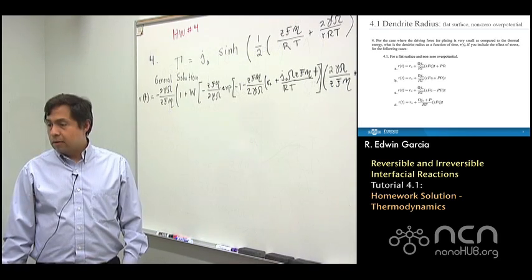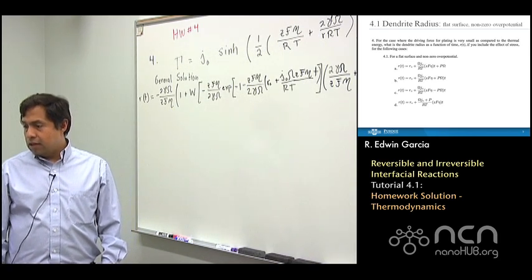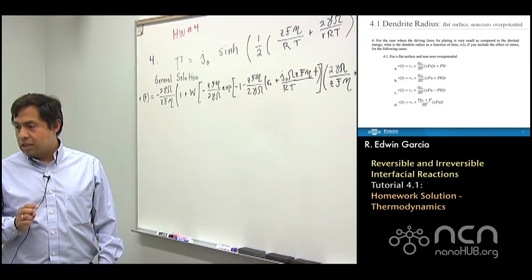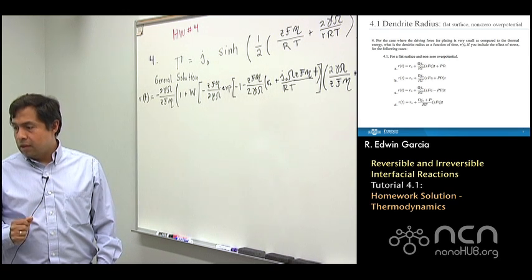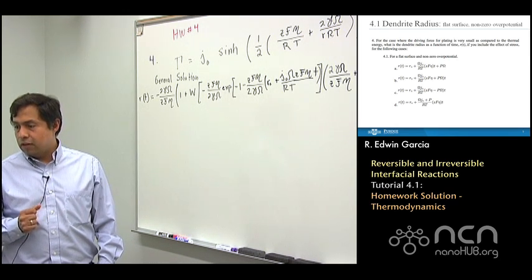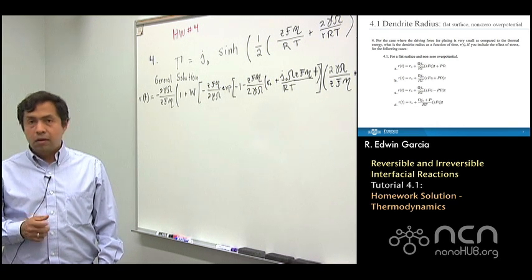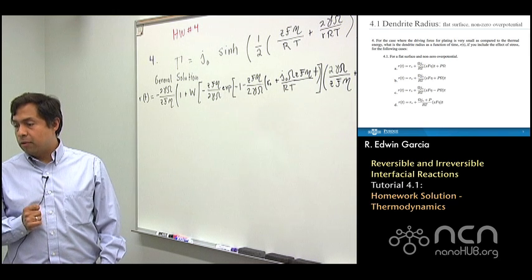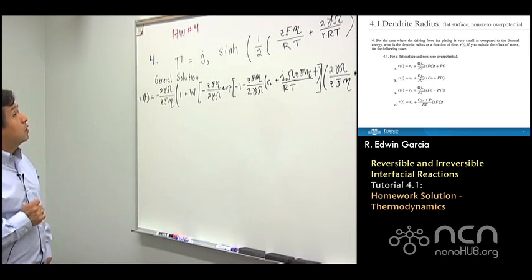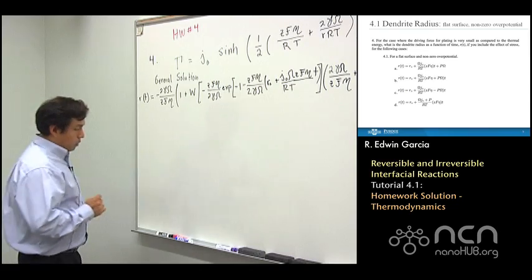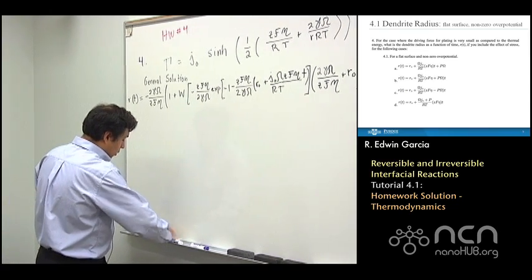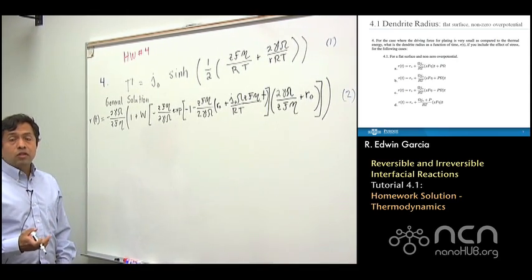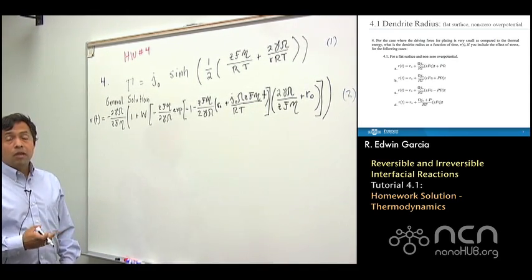Question number 4. For the cases where the driving force for plating is very small compared to the thermal energy, what is the dendrite radius as a function of time if you include the effect of stress for the following cases? Question 4.1 is for a flat surface and non-zero overpotential. The first argument for the question is that the electrical energy divided by the thermal energy is a small number.